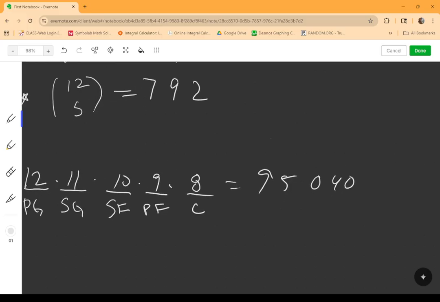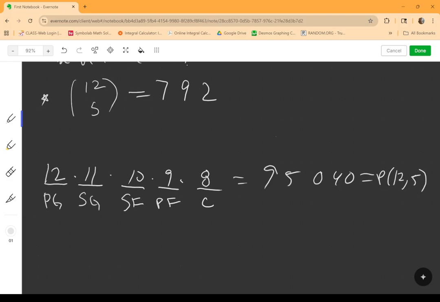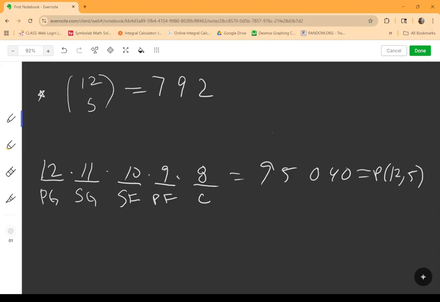Now remember, this number here is the permutation of the 5 objects out of a total of 12, and then we have our choose number here. If we think of the connection, these 792, 12 choose 5, show up somewhere in those 95,040 different permutations.